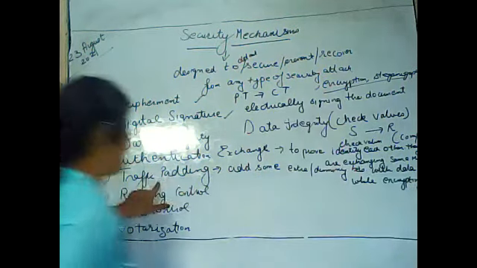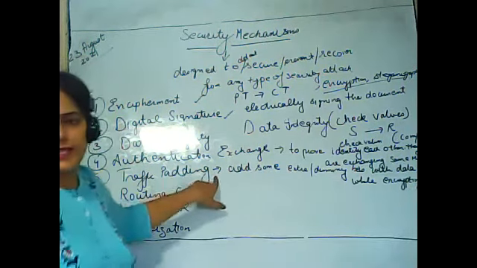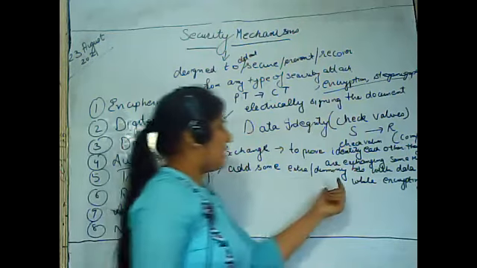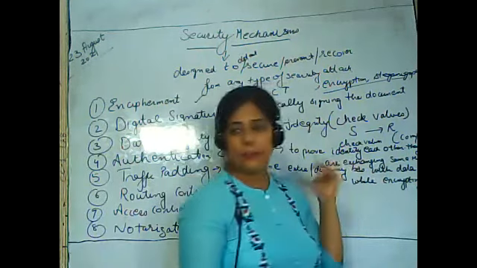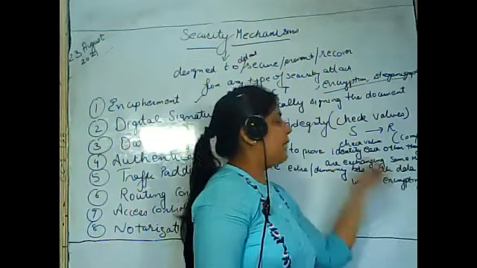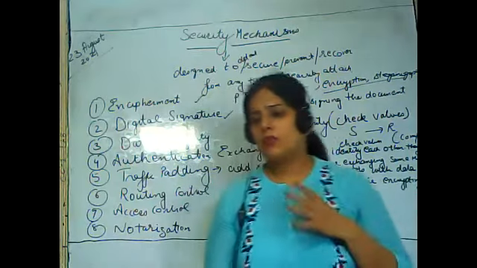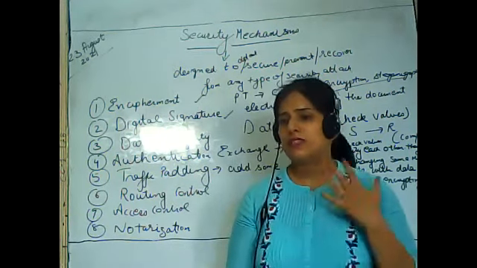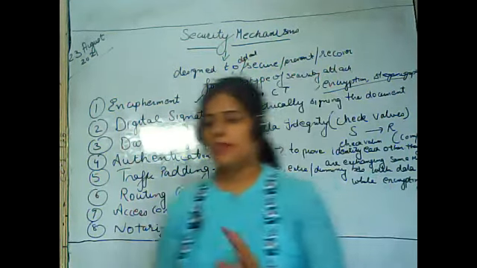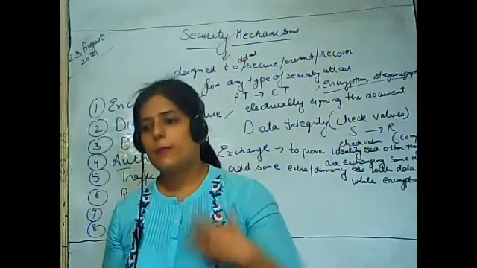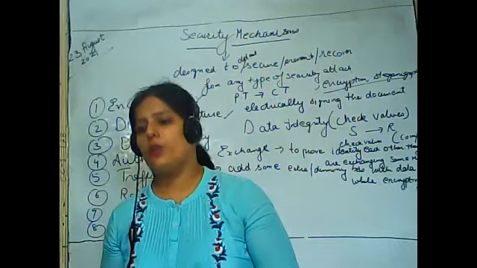So here traffic padding means that we will be adding some extra data or extra bits or dummy bits with the data while encrypting. Now, what is the purpose of this extra padding? The purpose is that it will ensure that whatever extra or dummy elements you are sending are being received at the receiver side or not.